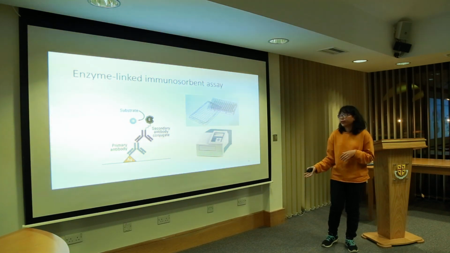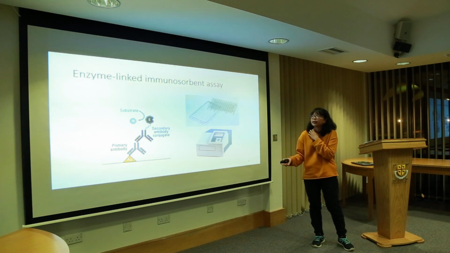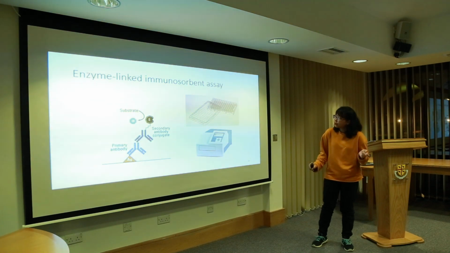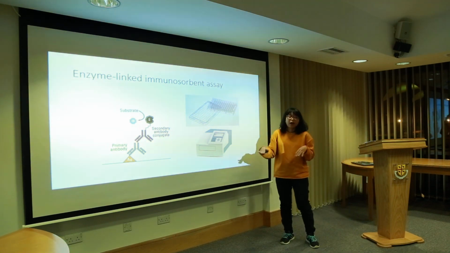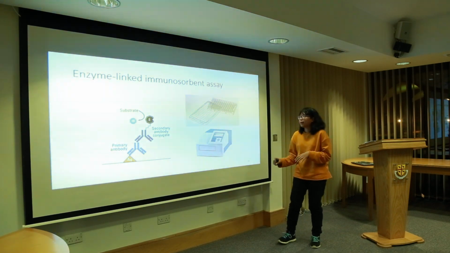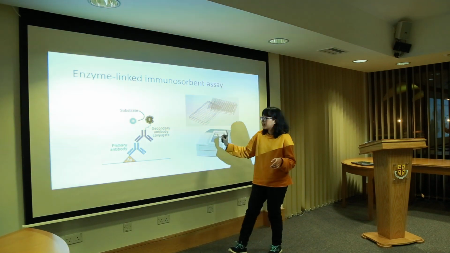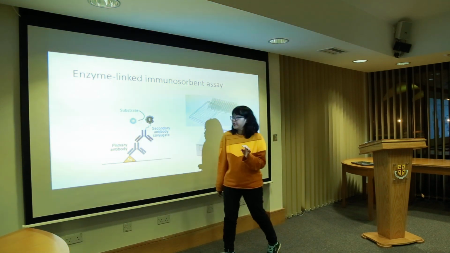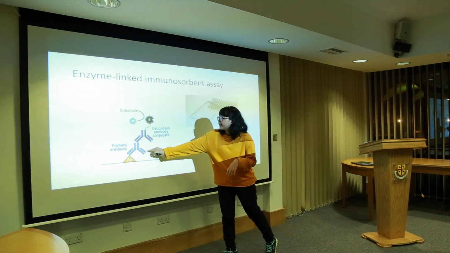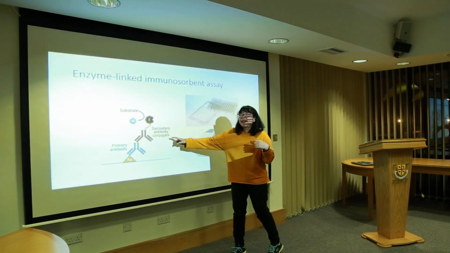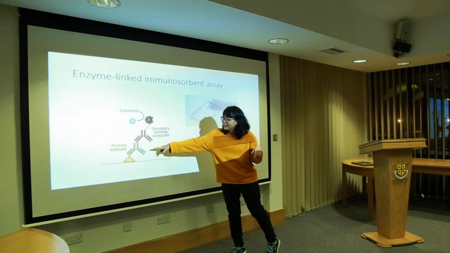For detecting antibody, we're going to use this technique called enzyme-linked immunosorbent assay. This plate will be covered with scrub typhus antigen, and then we're going to add part of the blood of the patient, and the scrub typhus antibody will attach to the antigen, and then we're going to add an anti-antibody that will attach to the antibody.